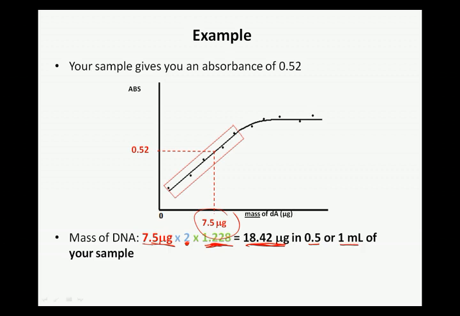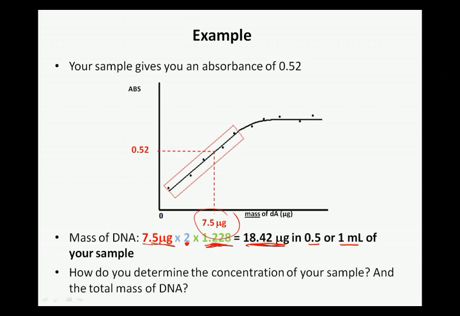Now, the next step, and I leave it up to you, you've done this calculation several times: how do you go from this mass to the actual concentration of your sample? You know how much you added there, and you know the total volume of DNA you have, which you suspended last week. And so you can do your calculations based on that.